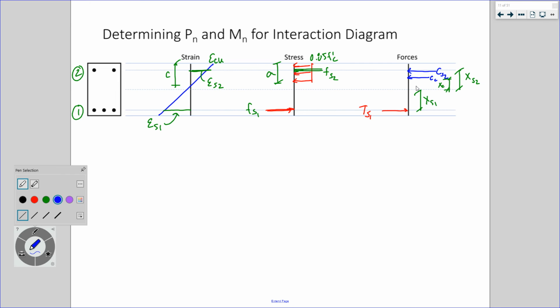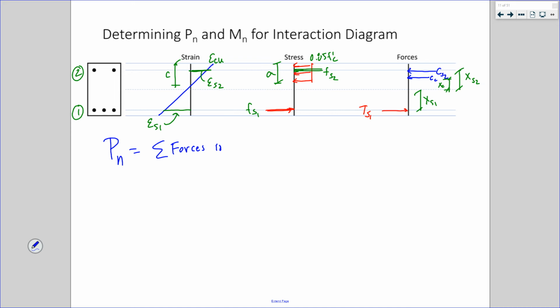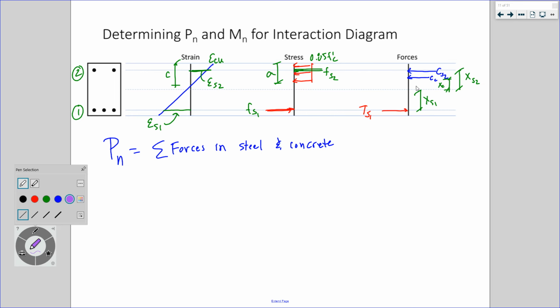So, let's see. Pn, my axial capacity, is the sum of the forces in the steel plus the sum of the forces in my concrete. Let's remember that positive is compression and negative is tension.